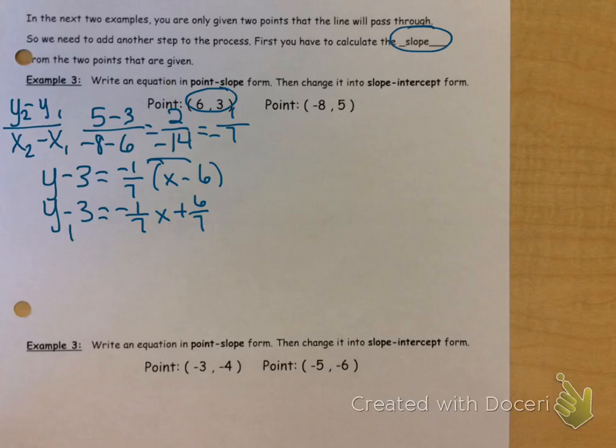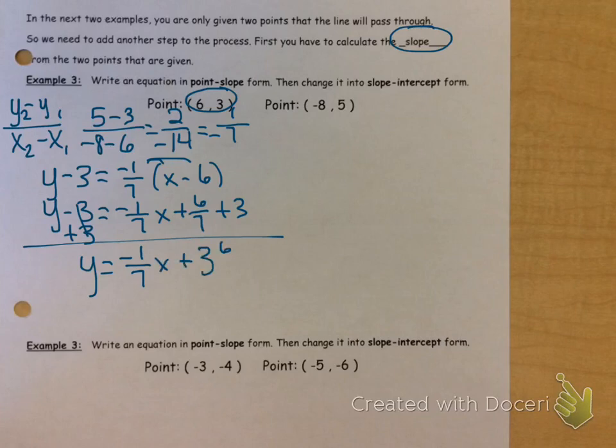And now I just need to move my whole number, so plus 3. Again, you're not going to put that with your slope because it doesn't have an x on it. 3 plus 6/7 is 3 and 6/7. So I can see again that my slope is negative 1 over 7, meaning it's going to descend, and my b value is (0, 3 and 6/7), so not quite 4.